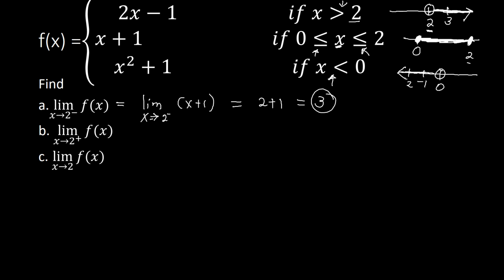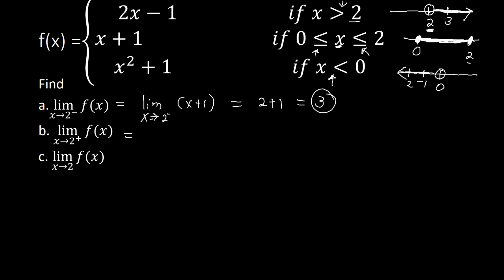Next, let's go to the limit of f of x as x approaches 2 with a positive on the top. That means the values are coming from the right side of 2. We've got the number 2 here and the values considered are on the right side of 2. So we are to refer to the first function.